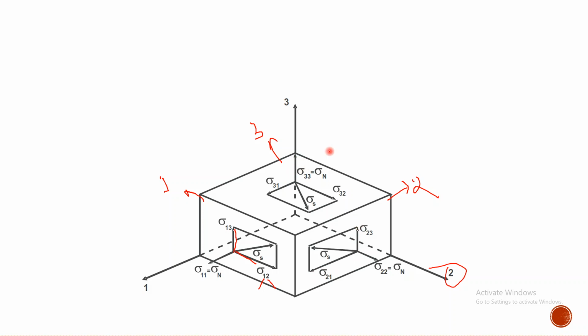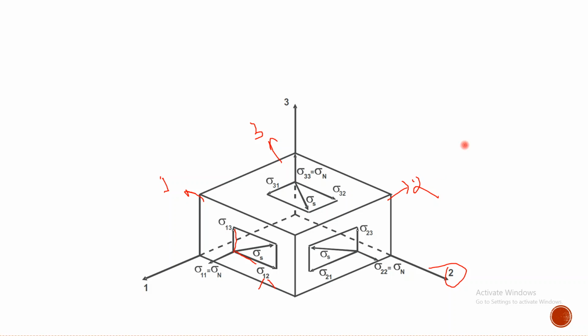If I take the third plane, there is one normal stress, sigma 33, and two shear stresses: sigma 32 in the direction of 2, and sigma 31 in the direction of 1. So in total we get 9 stress components.